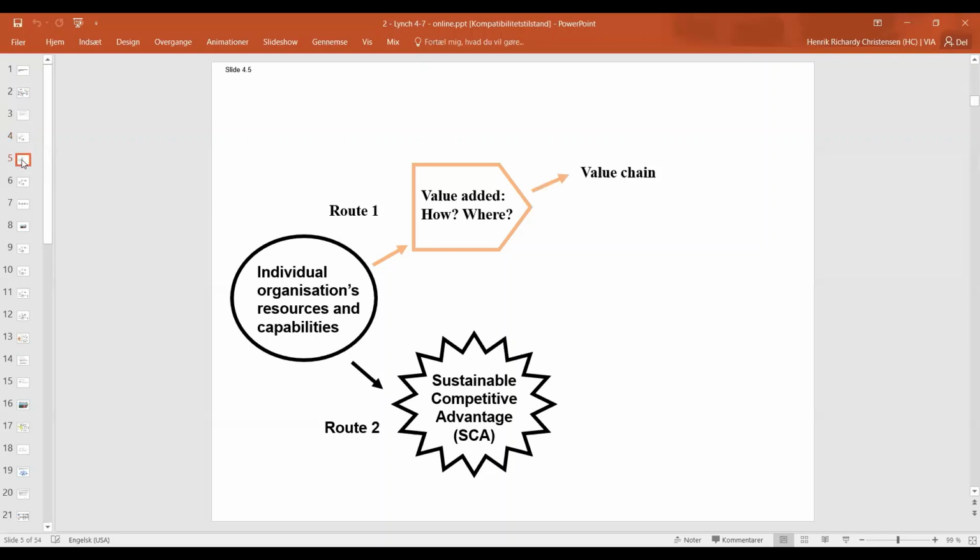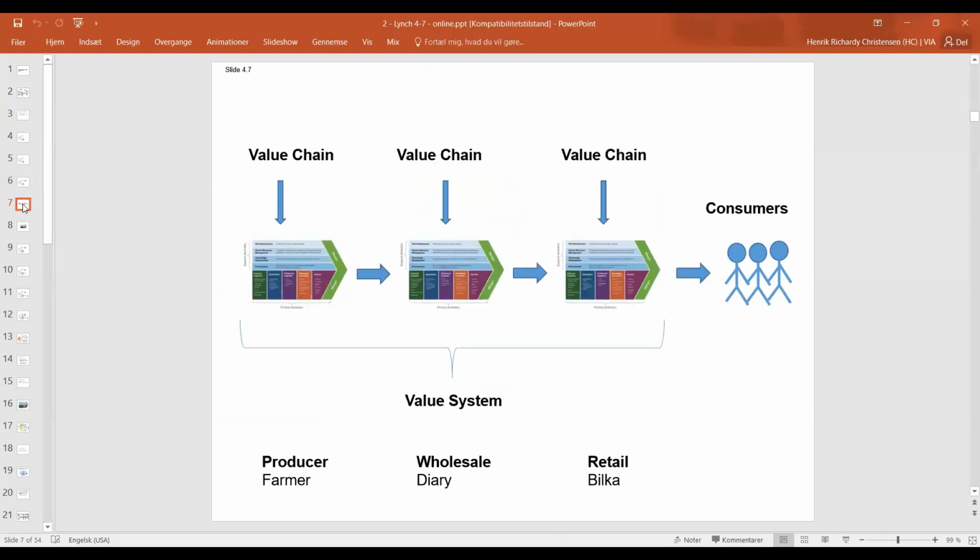So the value added means that we use the value chain, which is Michael Porter's, and the value chain is like this one, where we have some parameters that go into the value chain, and we'll dig into it in a while. But for now, just imagine that this is one value chain, and that value chain could be a farmer.